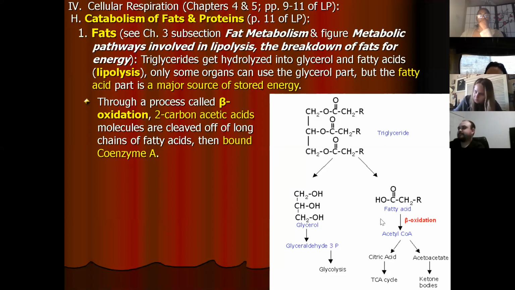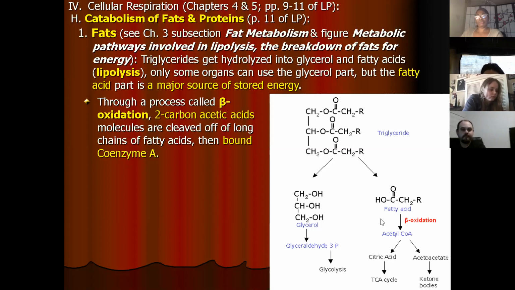Now it's going to go through several reactions. That's why I'm drawing several arrows. And you're going to get 8 2-carbon molecules. Remember, we call this acetyl groups. 16, a long hydrocarbon chain is going to be 8 acetyl groups.